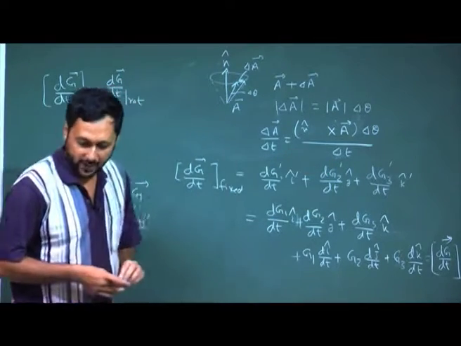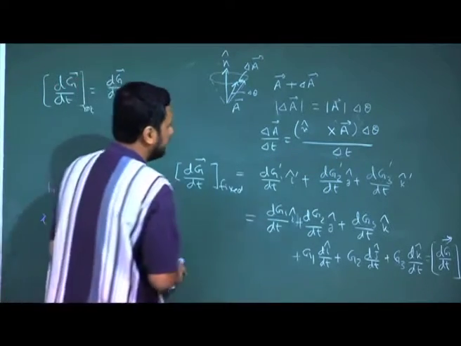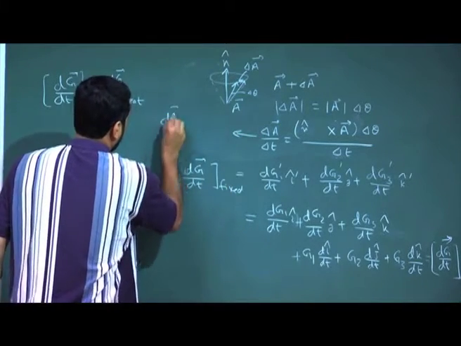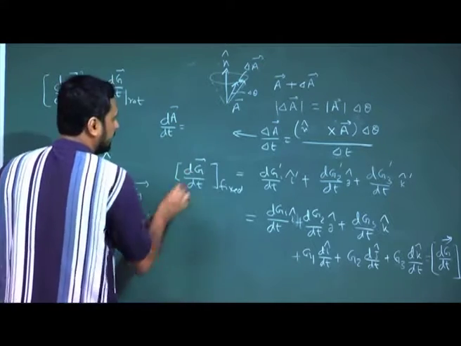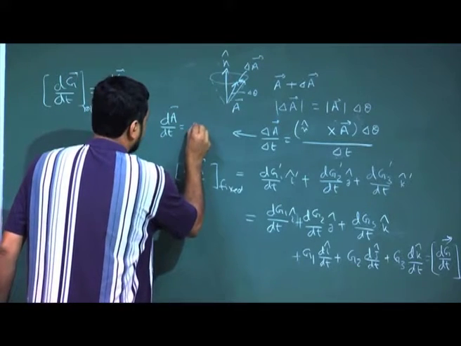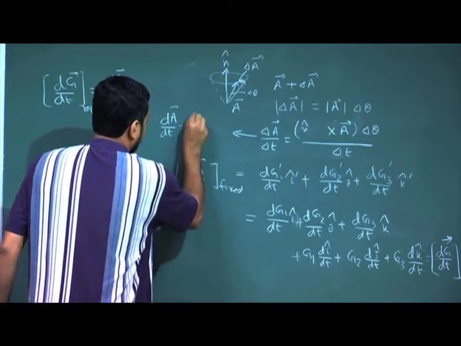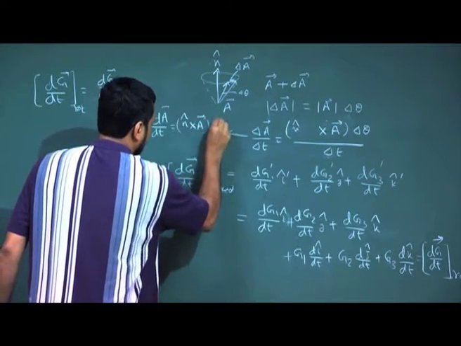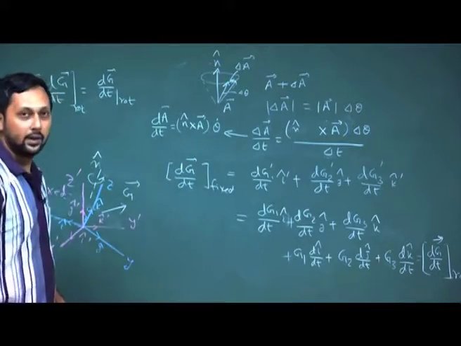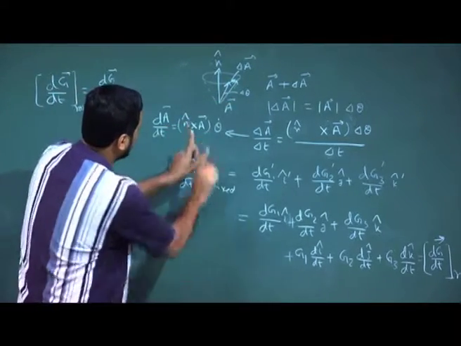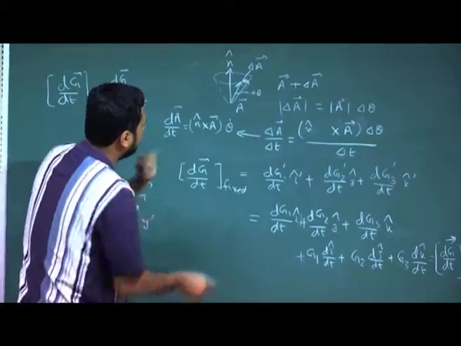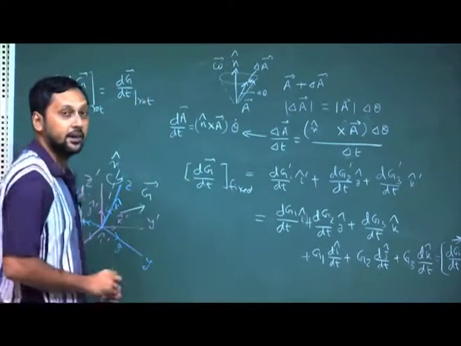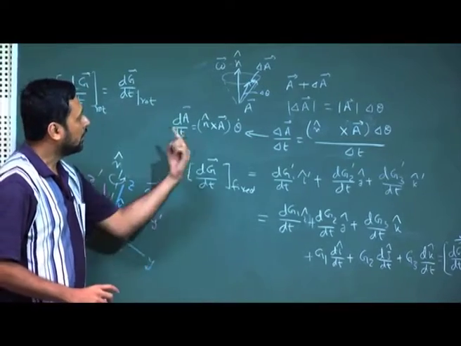If we do that, we immediately see dA/dt is nothing but n cross A times theta dot. So, this theta dot is the angular change of this vector, and theta dot is nothing but omega, if omega is the instantaneous angular velocity of rotation.